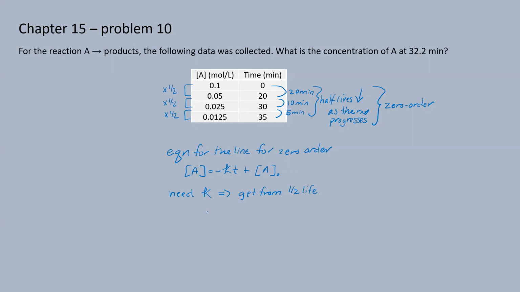So the equation, if we want to use the half-life, is k equals the initial concentration of A over 2 times the half-life. So the initial concentration is 0.1. And since I used the first concentration, I have to use the first half-life, which is 20 minutes.